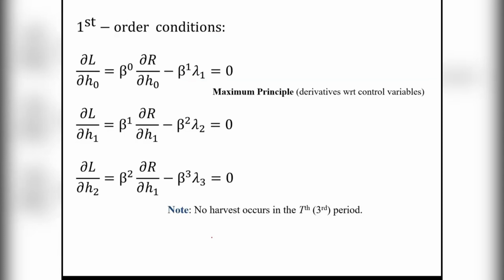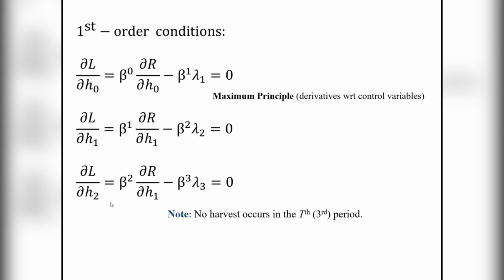All right, now we're going to take first order conditions. The first set of first order conditions relate to the partial derivatives with respect to the control variable, which is harvest. So we have to look at the 3 time periods in which we harvest.